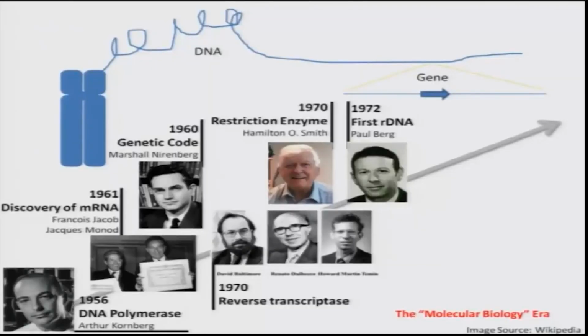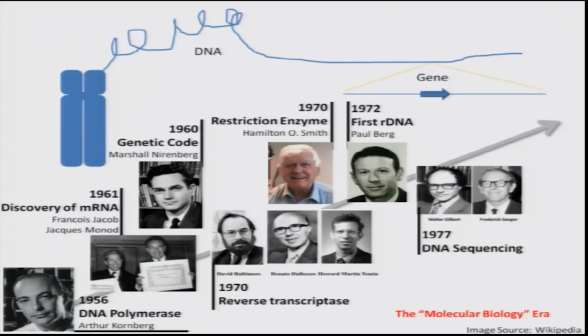That again is a fantastic achievement, and that led to, for the first time, Paul Berg making a DNA from two different sources, what you call rDNA or recombinant DNA. That is again a seminal discovery, that you can stitch the DNA together and form a new synthetic DNA from different sources. It is something amazing, because that is what we use every day now in recombinant DNA technology, molecular biology, genomics and so on.